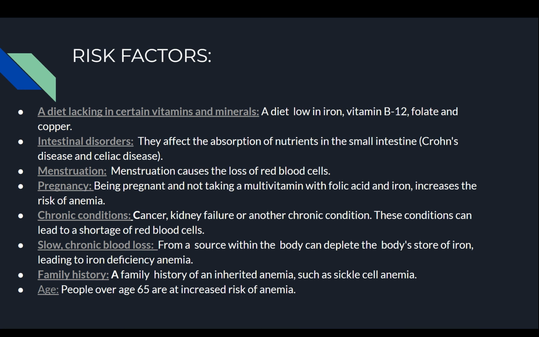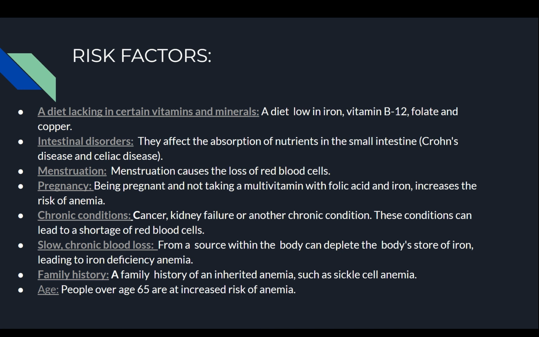Some of these disorders are called Crohn's disease and celiac disease. So even though iron is ingested, orally, by a vitamin or through food, if it cannot be absorbed, then it's not useful for the body. The body cannot use it.